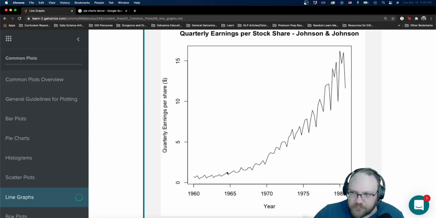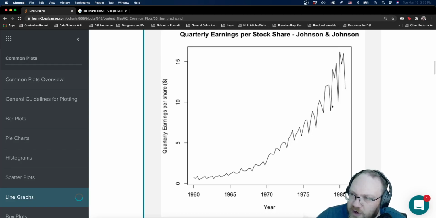Now, here we certainly could correlate things with time, but in general, we can see that these profits from the 60s to the 80s were increasing per share. And we can see it's also cyclical. There seems to be a time of year where it goes up and a time of year where it goes down. But in general, it's increasing.